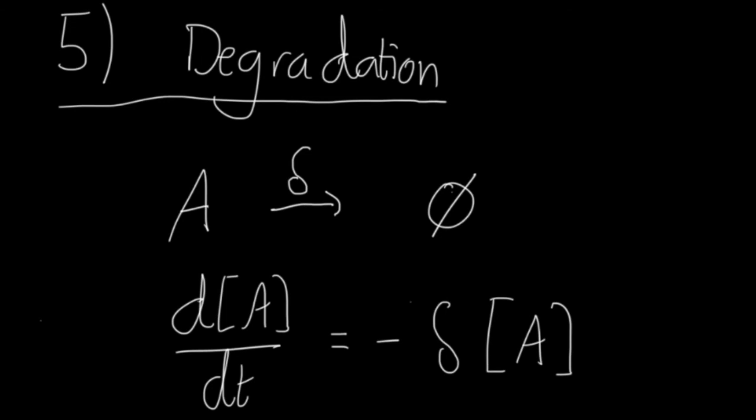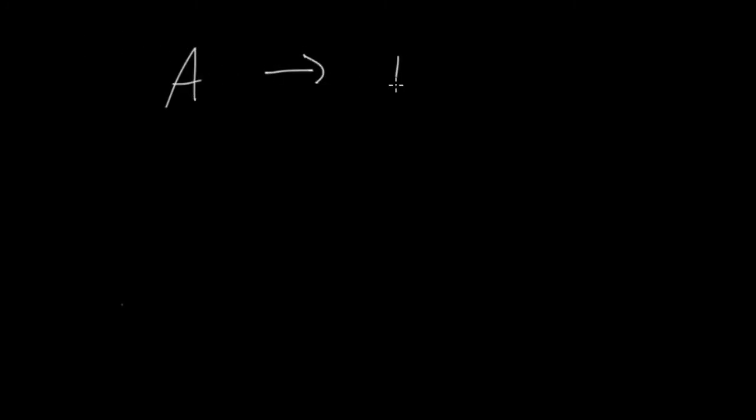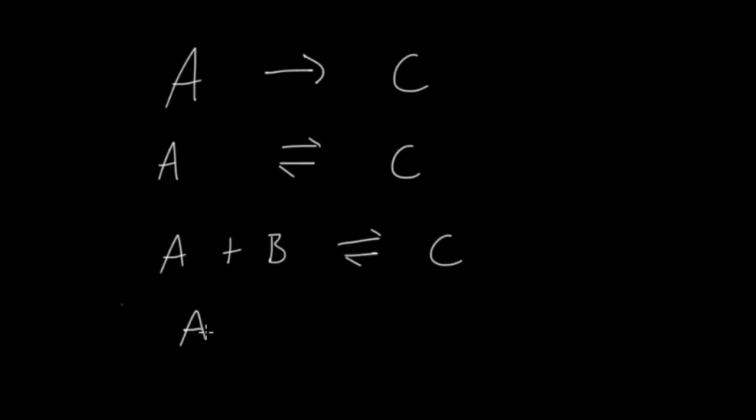That concludes this tutorial on mass action kinetics. We covered some very simple examples of mass action kinetics, covering a simple reaction, A goes to B. We also did the reverse reaction, A goes to C, but C can go back to A. We introduced a new reactant, A plus B goes to C, and we also introduced new stoichiometric coefficients that weren't equal to 1 with the reverse reaction, and finally we covered degradation as an example.